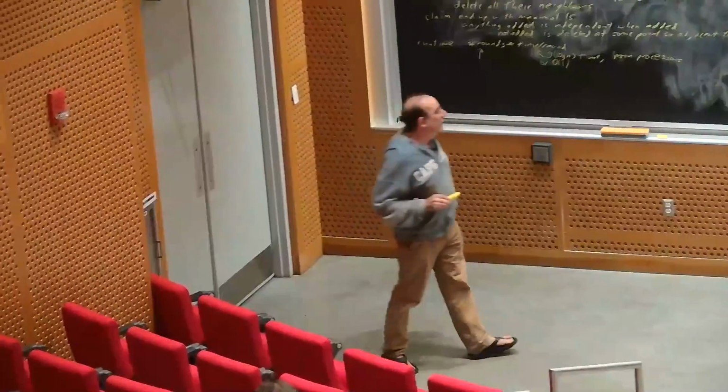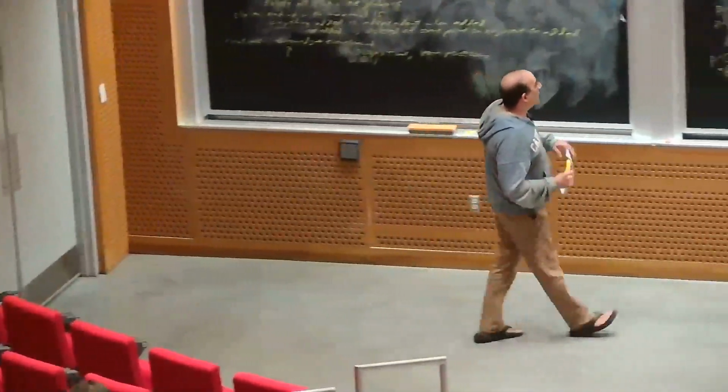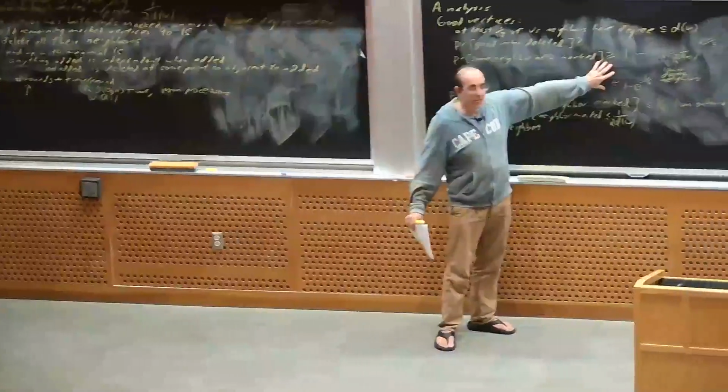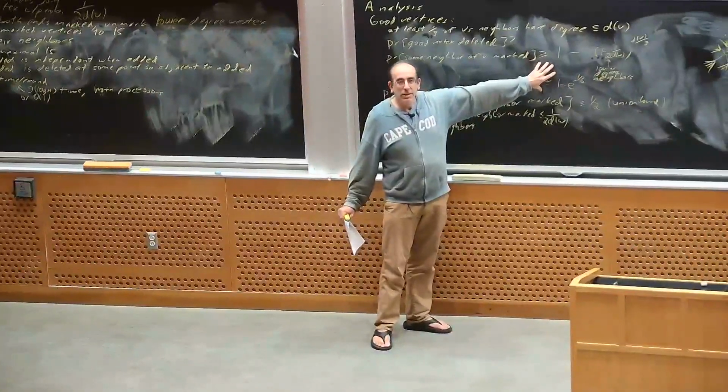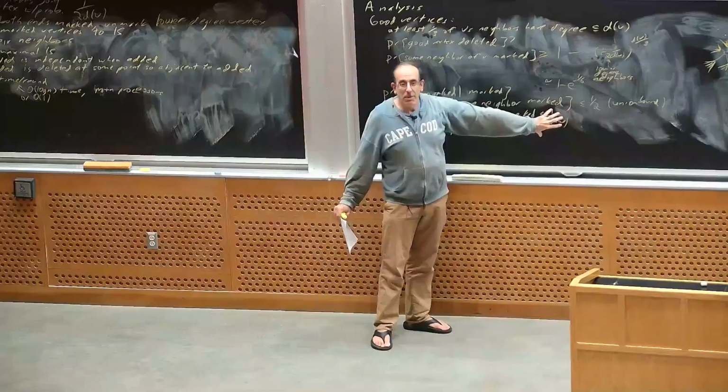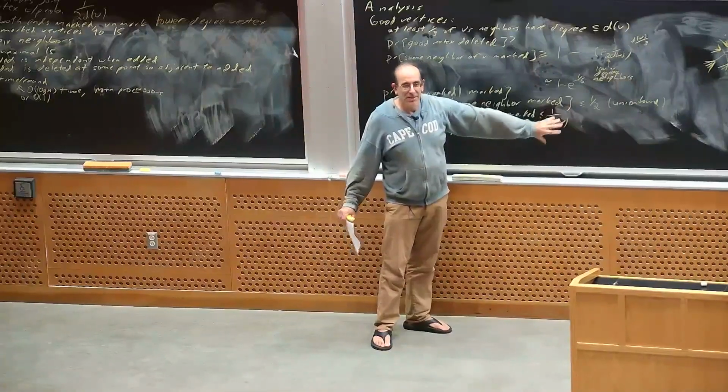Okay. So now we can say nice things about good vertices, right? There is a constant factor chance that one of my neighbors gets marked and stays unmarked. Right?